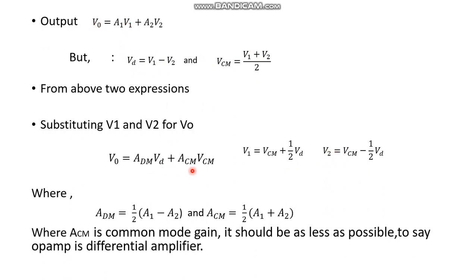You will get ADM equal to half into (A1 minus A2) and ACM equal to half into (A1 plus A2). This is the common mode gain, this is the differential mode gain. Ideally the common mode gain should be very small compared to the differential gain, ideally 0.